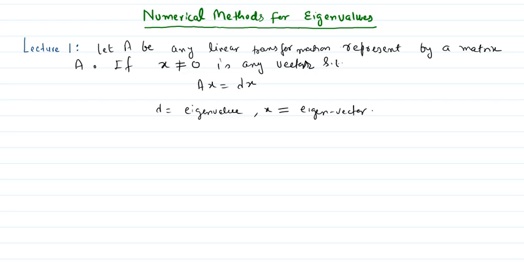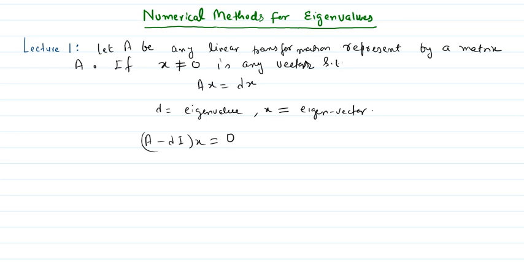Eigenvalue and eigenvector always occur in pairs. So if there is an eigenvalue, there is also an eigenvector. And formally you can find them by solving this equation. So let us say this is (A minus lambda I) x equal to 0.